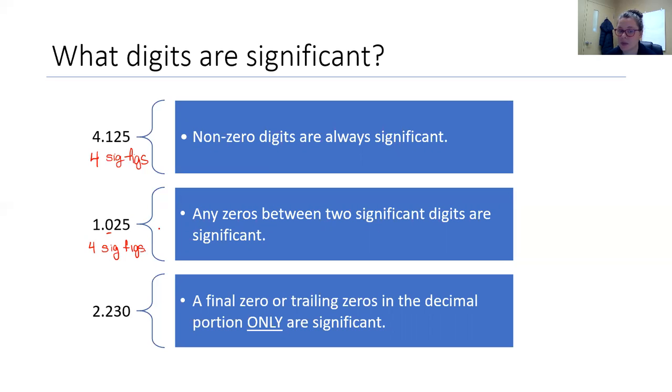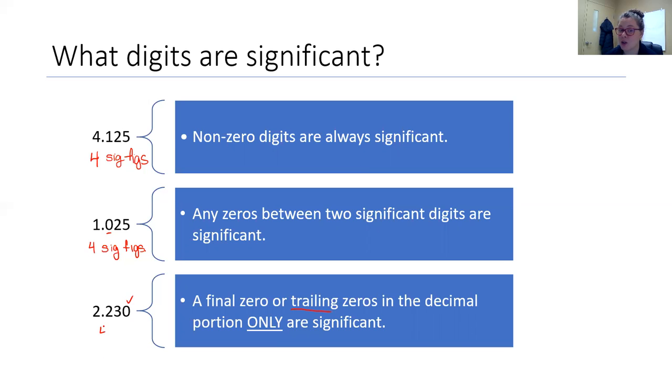All right. Any trailing 0, any final 0 in a decimal only, so not at the front of a decimal, the trailing zeros in a decimal are significant. So this is at the end of a number. There's no significant digit past it. There's no other number after it, but because it's at the end, it counts.